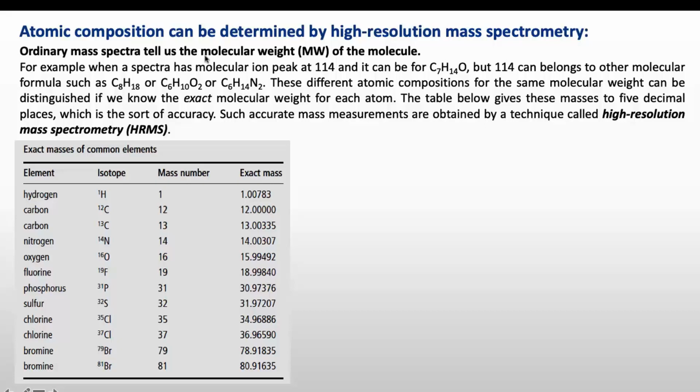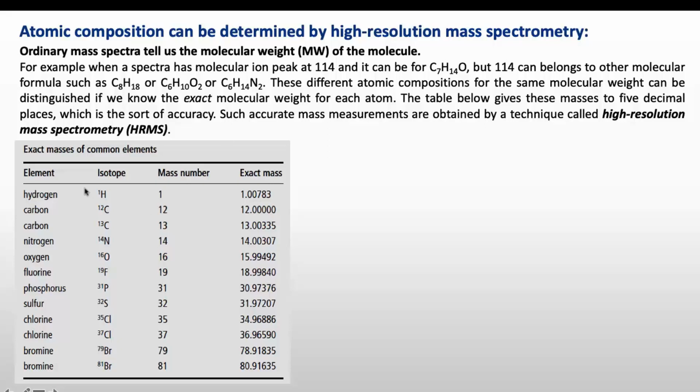So ordinary mass spectra don't tell us which molecular formula this 114 belongs to. These different atomic compositions for the same molecular weight can be distinguished if we know the exact mass of each atom.